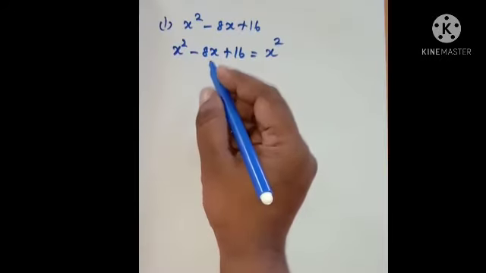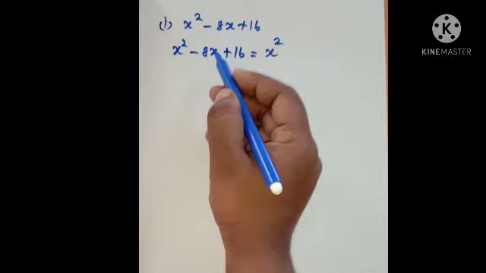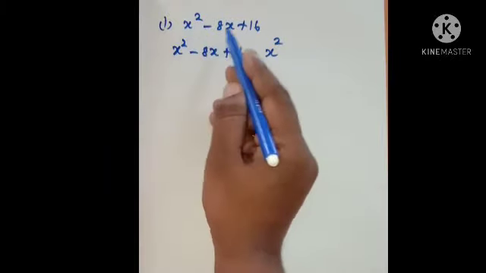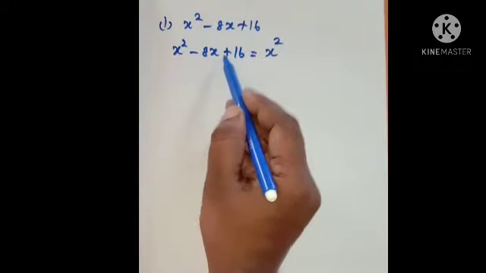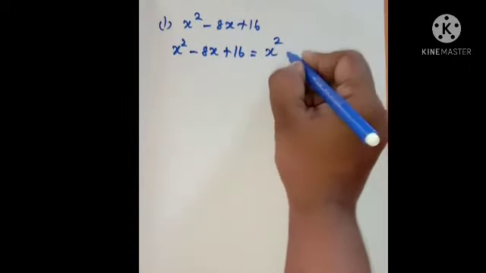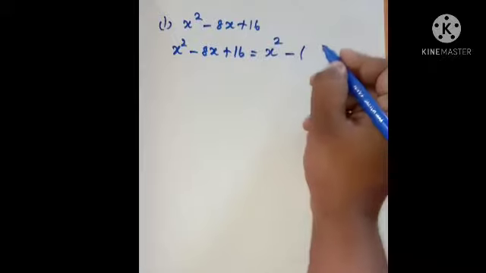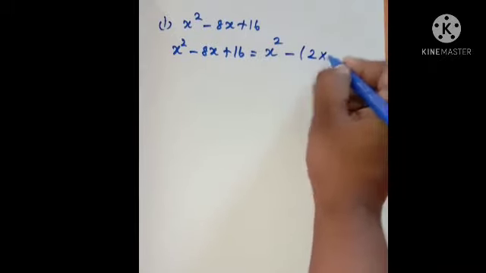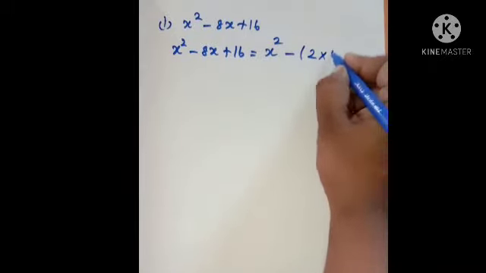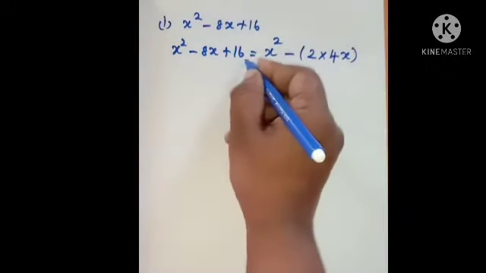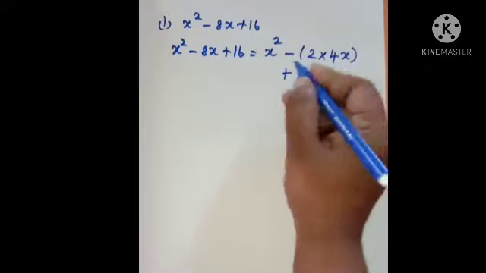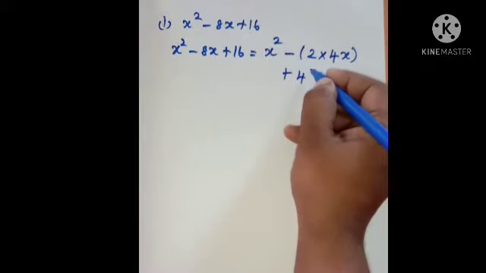The problem: factorize the following using a suitable identity. x square minus 8x plus 16. x square minus 8x plus 16 can be written as x square minus 2 into 4x plus 16, and 16 is the square of 4.